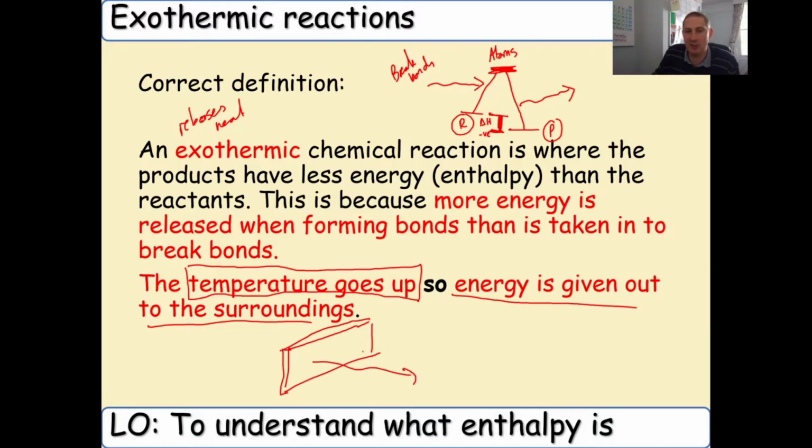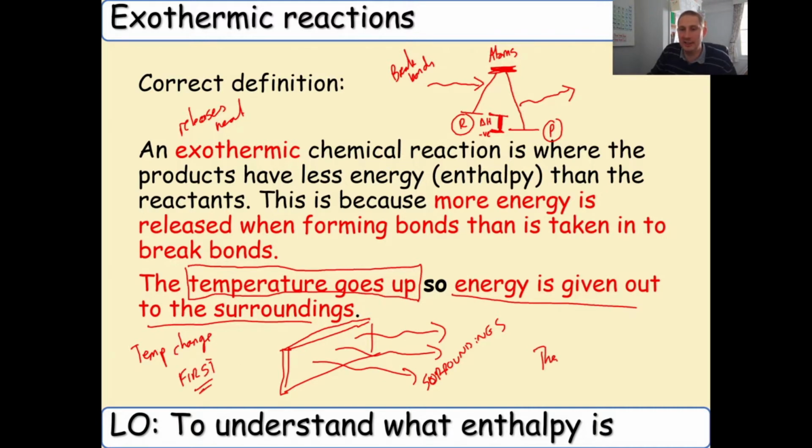And because it's hot, it's releasing energy to the surroundings, to your bedroom. Okay, so the temperature goes up and then energy is given out. So temperature change first, then energy released.